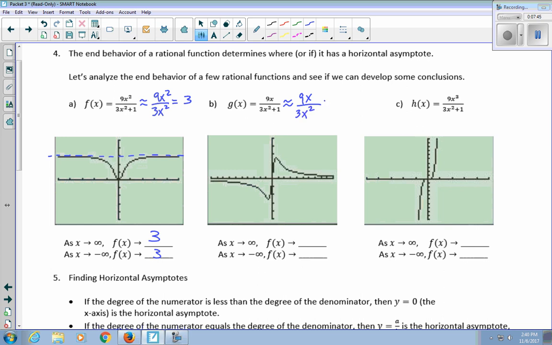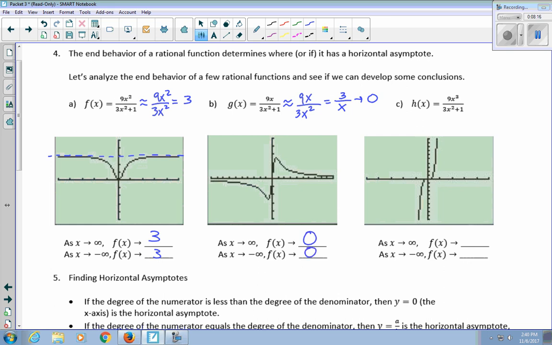So then you cancel and you get 3 on top, x on the bottom. And then when x is really big, 3 over x goes to 0. Because we're talking about what happens when x is very, very large. 3 over 10, 3 over 100, 3 over 1,000, 3 over a million is a very small number. So as x approaches infinity, the function approaches 0.